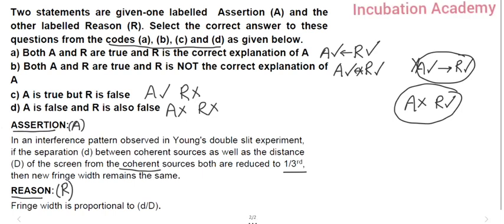Let us try to understand what we have learned before. This is the slit system, called S1 and S2. The light waves coming out from S1 and S2 are considered to be in the same phase.